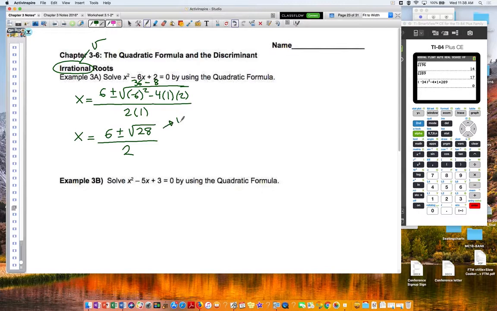However, I could rewrite that as a perfect square, which is 4 times 7. So I look at factors where one is a perfect square. So what I'm doing is I'm starting to simplify. So I get x equals 6 plus or minus the square root of 28 is like saying 2 square roots of 7, all divided by 2. Now you might be asking, why in the world would you do that?